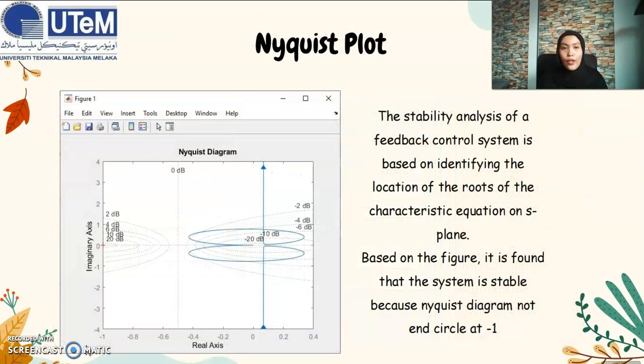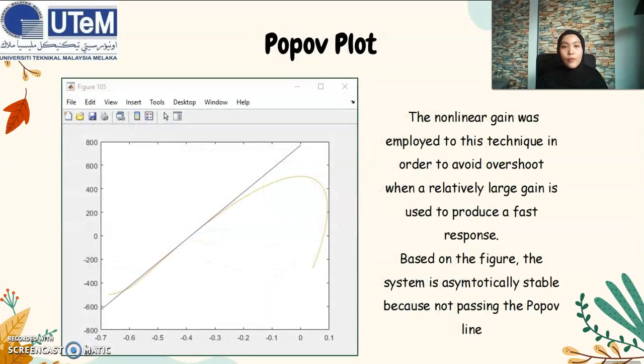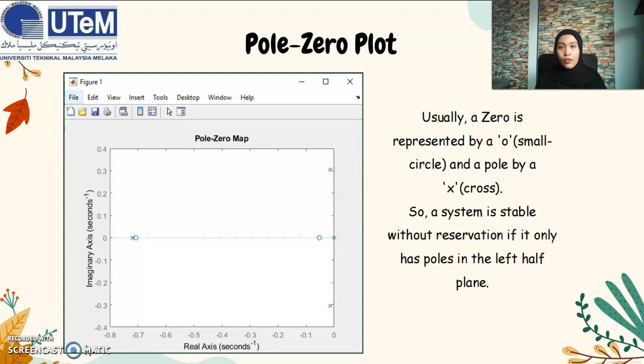The Nyquist plot: based on the diagram, the system is stable because the Nyquist diagram does not encircle -1. Popov plot: based on the figure, the system is asymptotically stable because it does not pass the Popov line. For the pole-zero plot, usually a zero is represented by a small circle O and a pole by a cross X, so a system is stable without reservation if it only has poles in the left half plane.